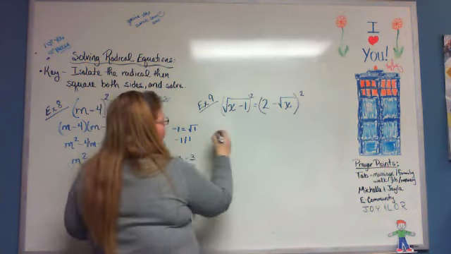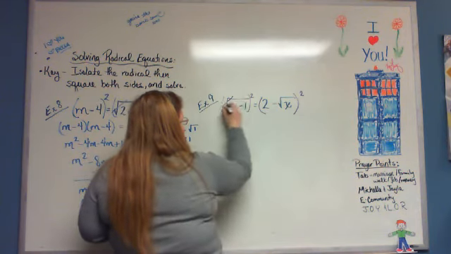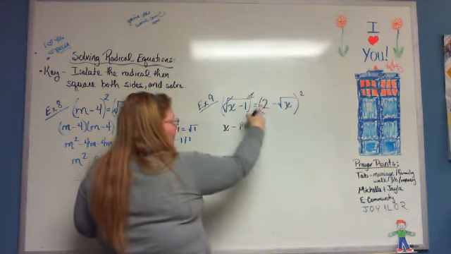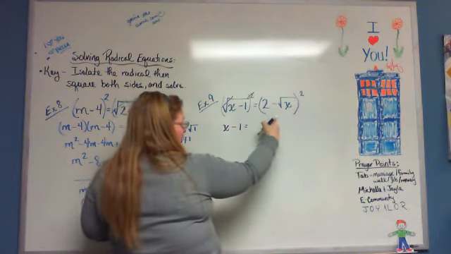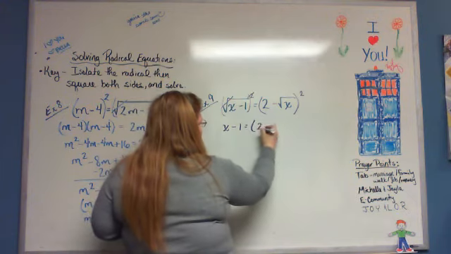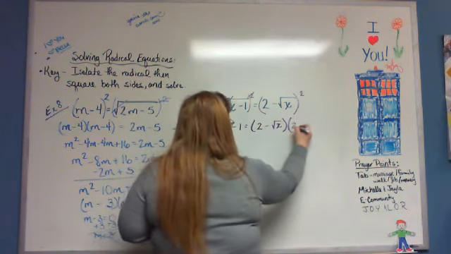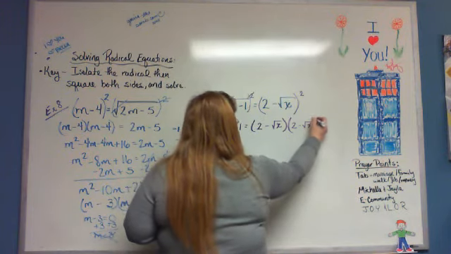So you've done this before. Over here, the square root really cancels out with the square, and we're left with x minus 1. Over here, since it's a binomial, that means we have to write it twice: 2 minus the square root of x times 2 minus the square root of x.